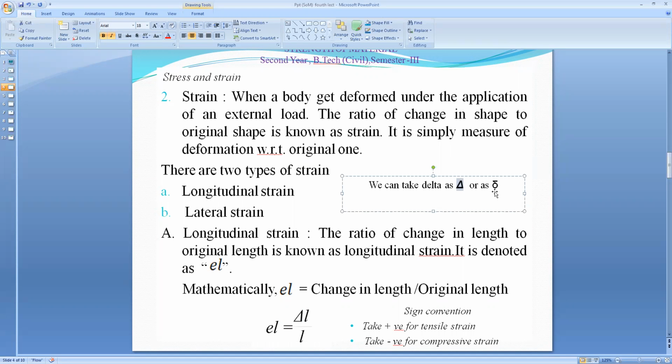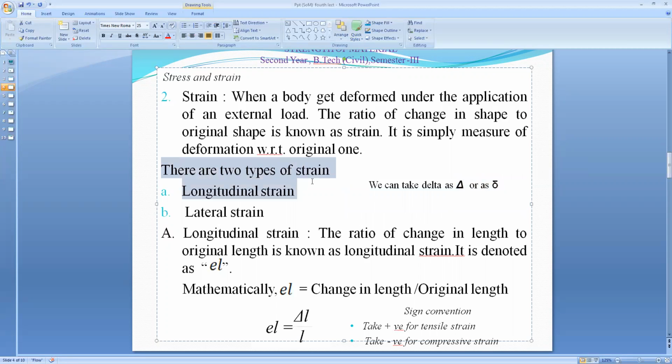This shape is known as the delta, or the delta is shown by this letter. This sign indicates a delta, a triangular form of figure, the delta sign.